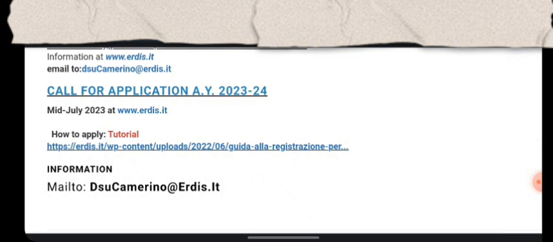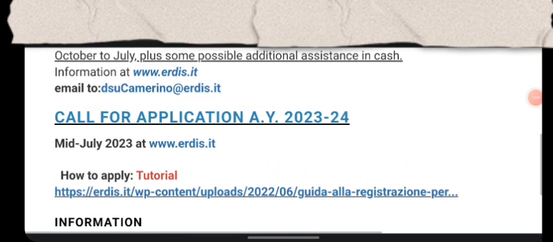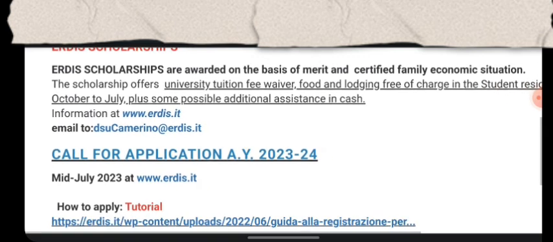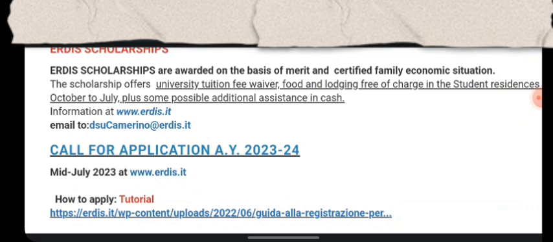I know lots of people will have jumped off at some point, so they might not see this. Good luck to everyone who might see this. This is a scholarship offer that is awarded on the basis of merit and a certified family economic situation. You need to prove that you do not have the capacity to cater for your tuition.